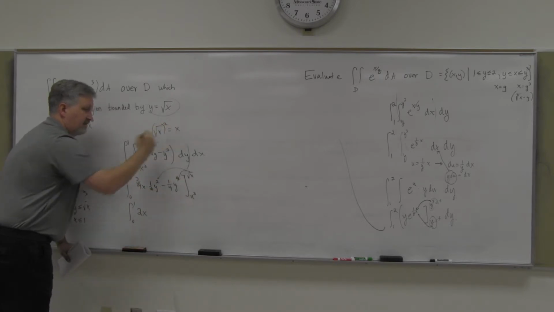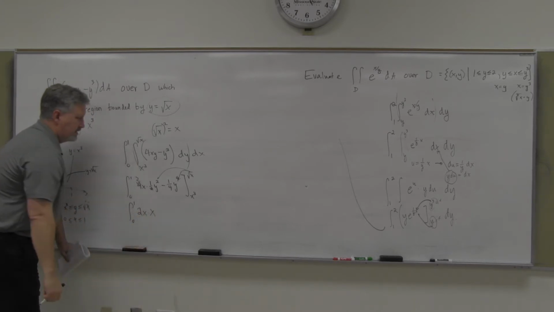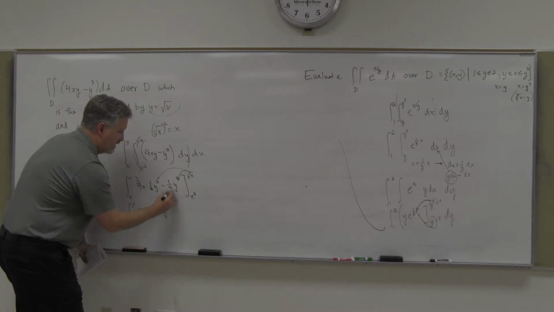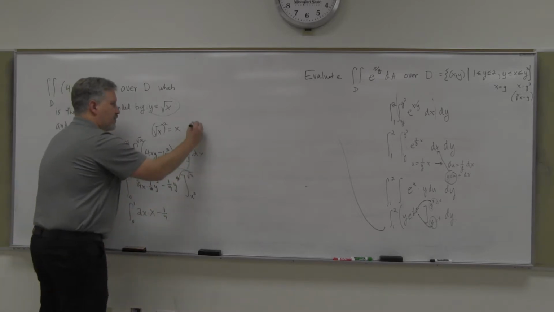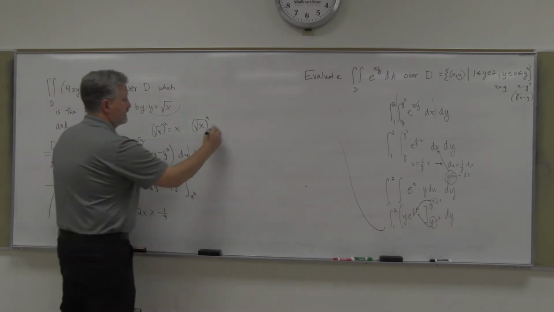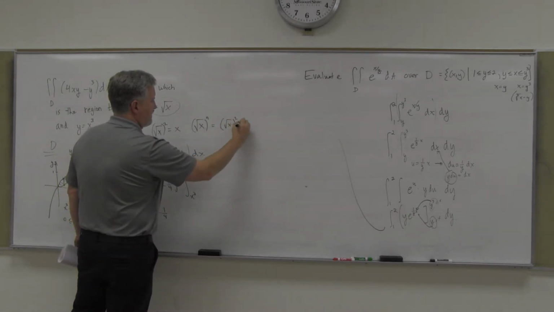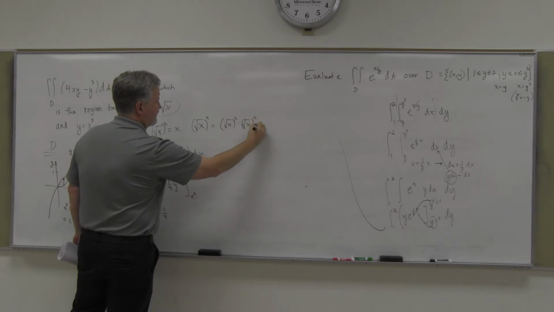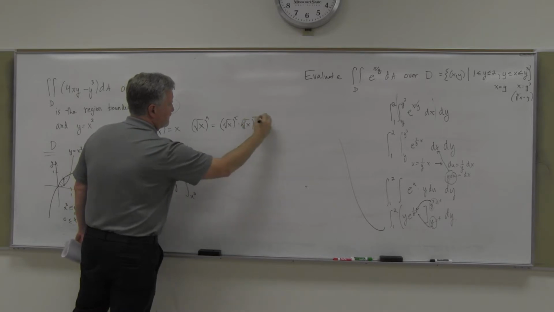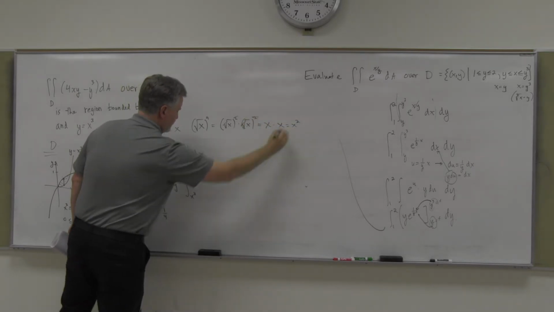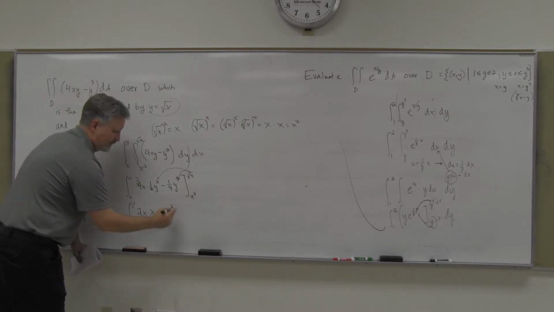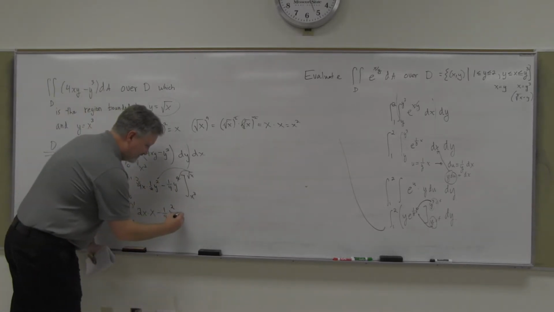What is that? It's just x, isn't it? And then we'll have minus 1/4, and that's square root of x to the 4th. What happens there? Well, you can think of it as square root of x squared times square root of x squared, and both of those are x. Right? Just x squared. The square root of x to the 4th is x squared, or however you figure that out.